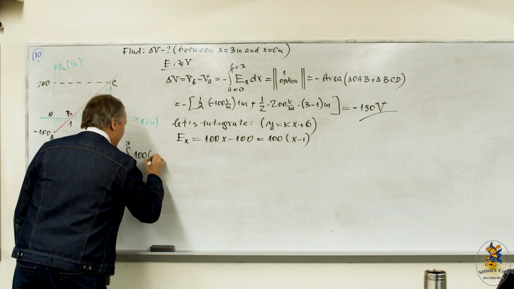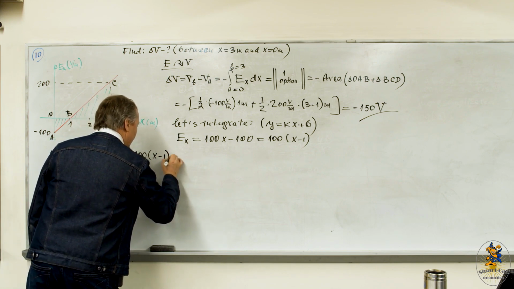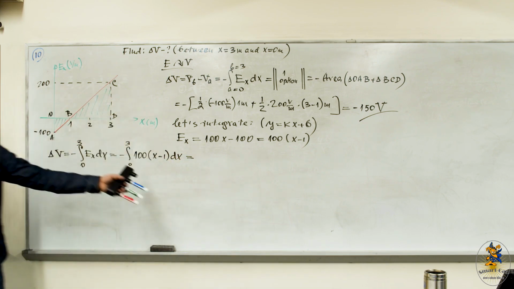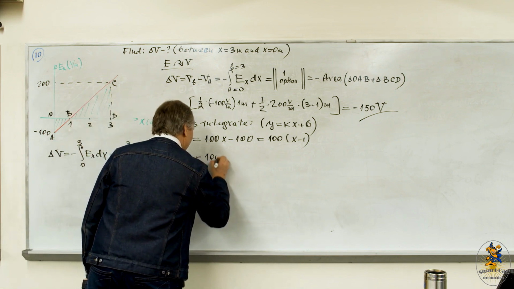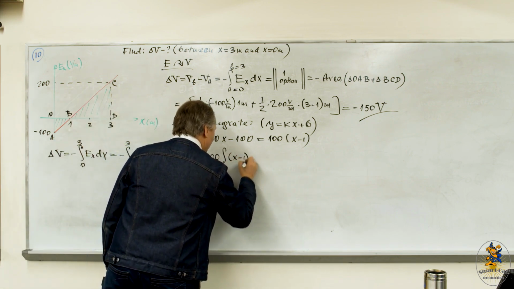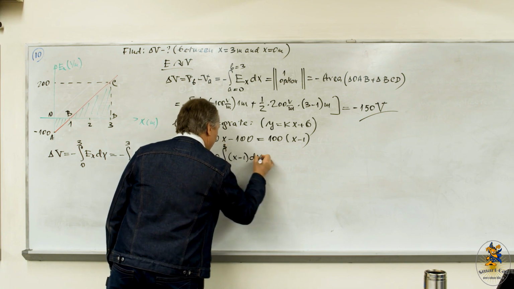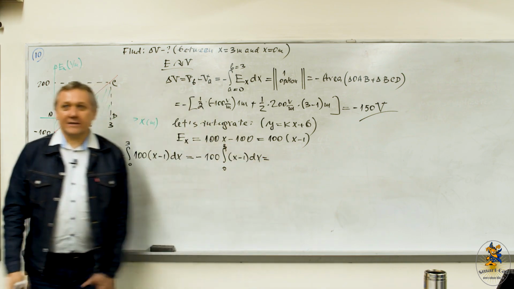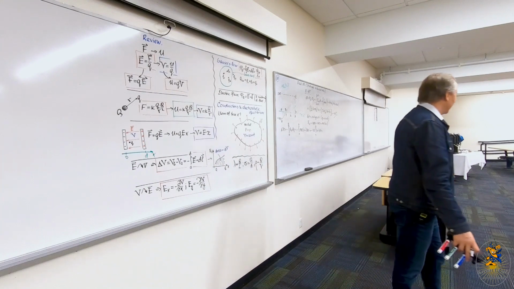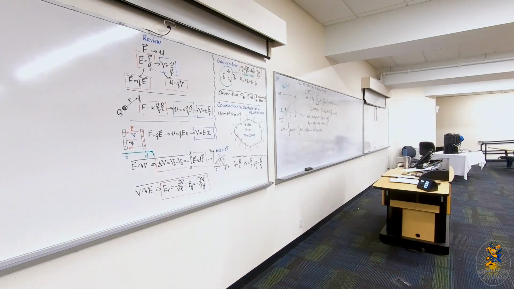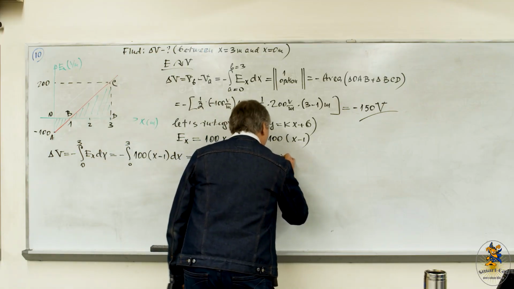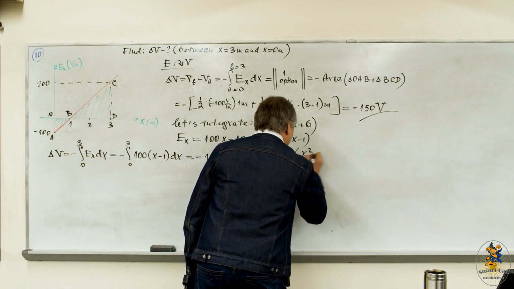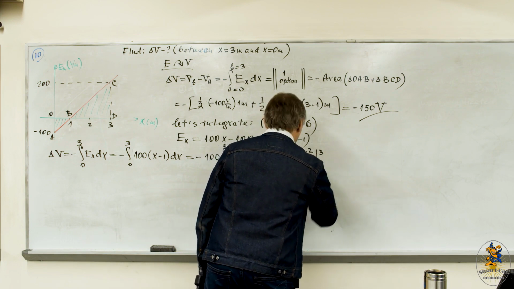So the integral of 100 times (x minus 1) dx. Come on, what can be easier than an integral like this? 100 can be taken outside, so it's minus 100 times the integral of (x minus 1) dx. First, the integral of x dx is x squared over 2, with limits from 0 to 3.